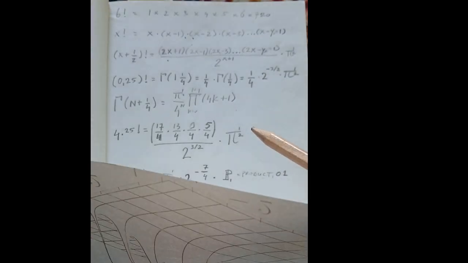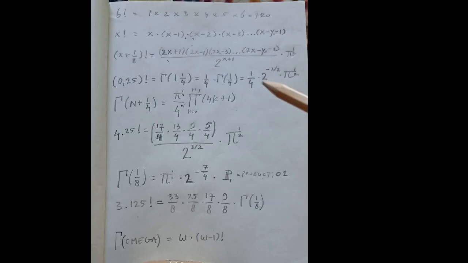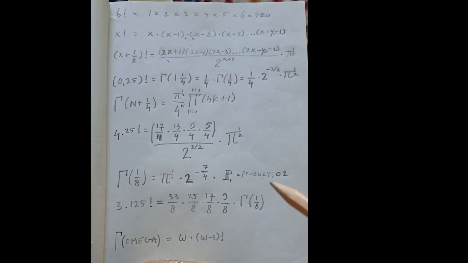And if we go on to like 1/8, we see that there's another number, minus 7/4, also related to this. If you can see, 3/4, 7/4, pi, root pi, and another product.